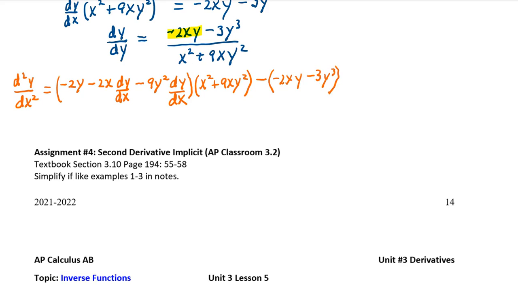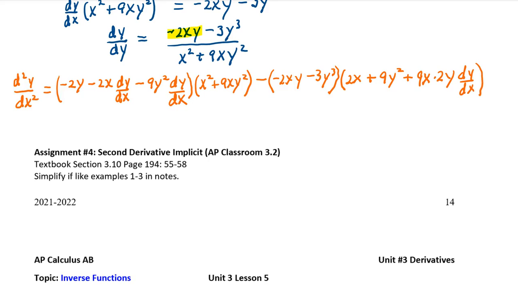And now I need the derivative of the denominator. So I'm going to multiply. The derivative of x squared is 2x plus, now I've got product and chain rule again in this second part, so I got to be really careful. The derivative of 9x is 9 times the second, y squared, plus the first, 9x, times the derivative of y squared, which is 2y dy dx.